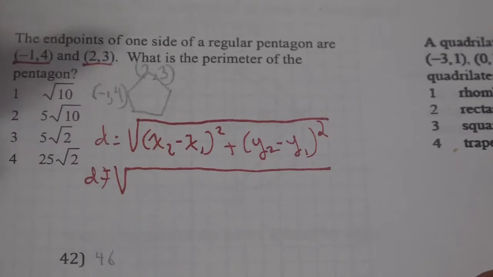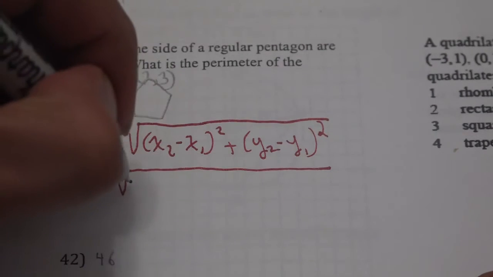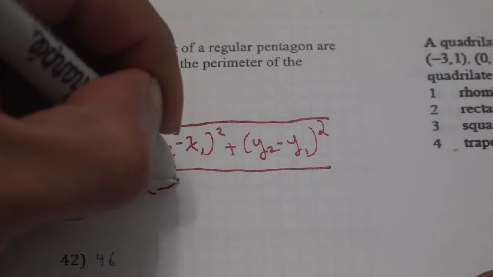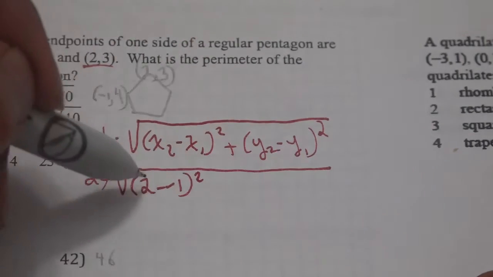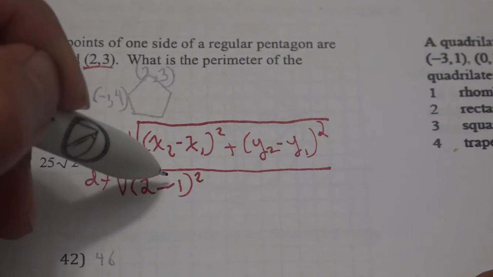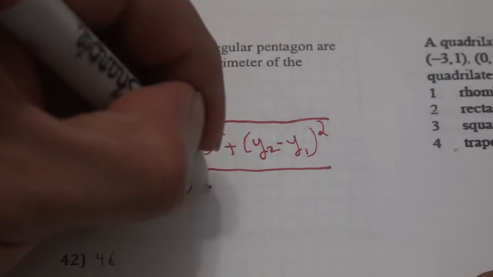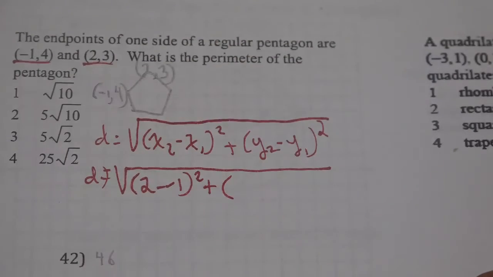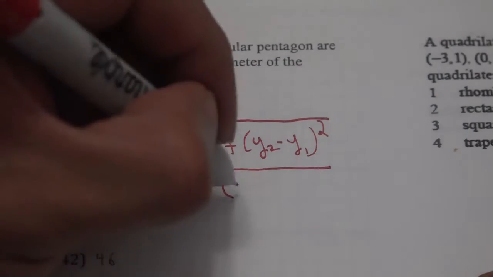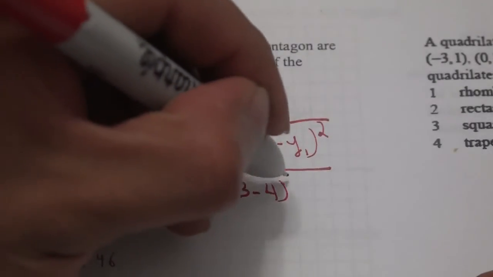Got it? So let's see now. x2 minus x1, 2 minus negative 1, squared, plus 3 minus 4 squared.